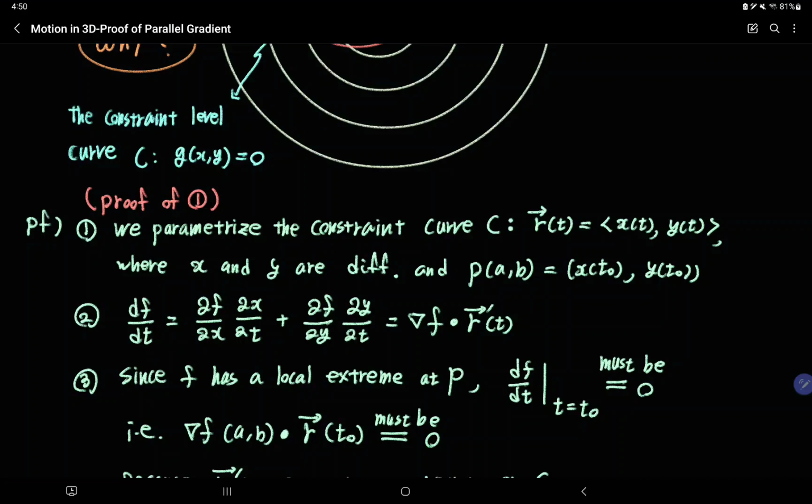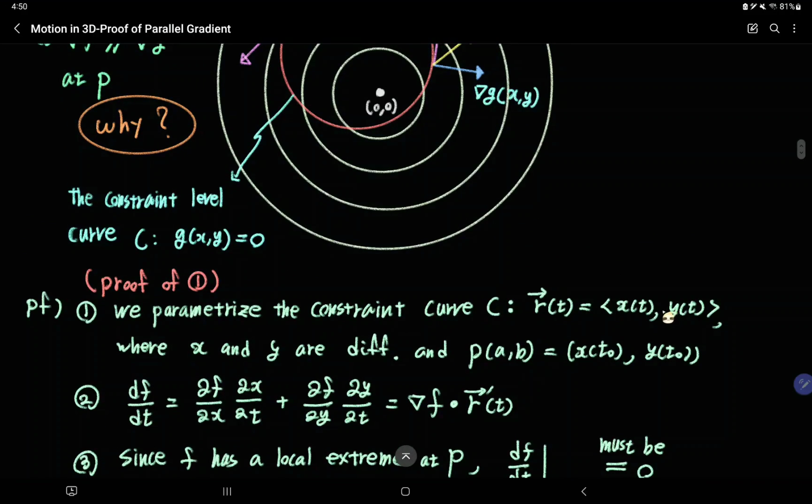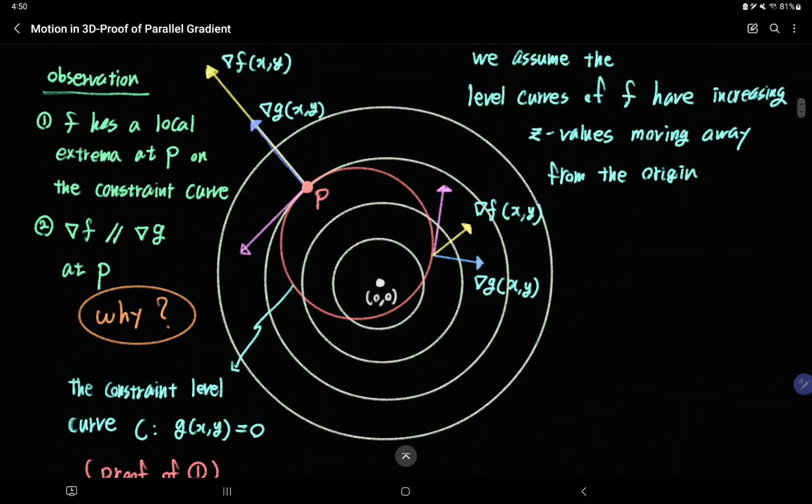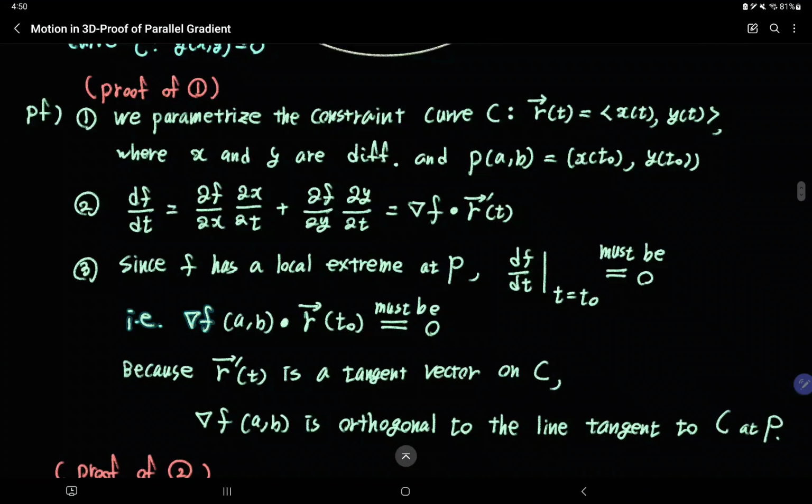Now x and y are functions of t, with (x, y) chosen from the curve. So f is a kind of function of t, and we take the derivative of f with respect to t.